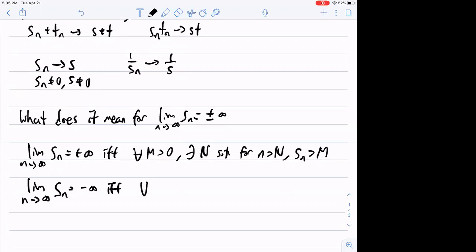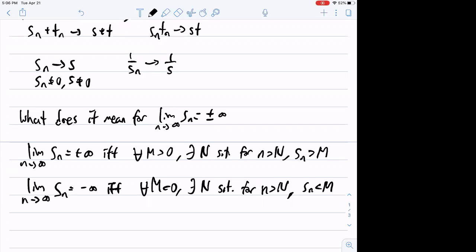And similarly, the limit is negative infinity if and only if, here we take M less than 0, because we want to go to negative infinity, such that for n bigger than N, Sn is smaller than M. So to go to negative infinity, given any really small number, like negative 1 million, I can find some capital N such that after it, I'm smaller than it.